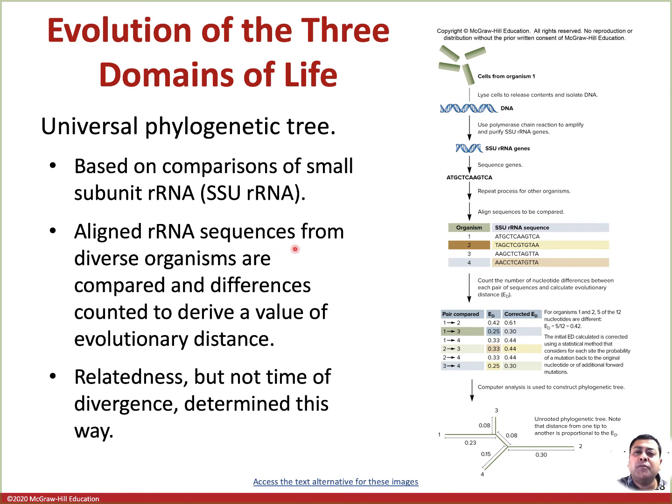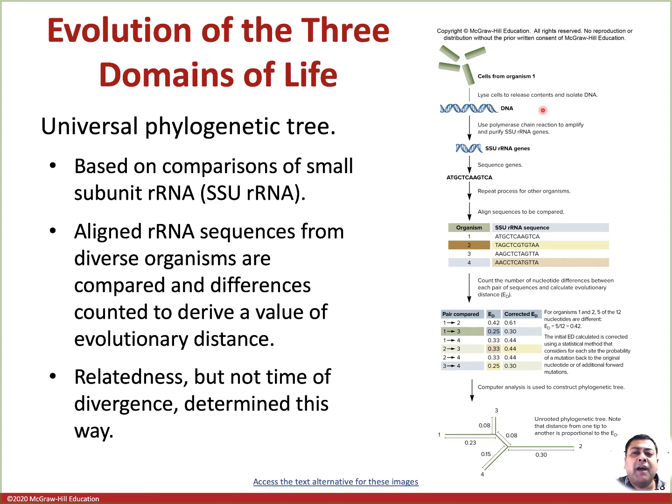So this is the process that we are going to discuss: we align the ribosomal RNA sequences from diverse organisms and compare the differences counted to derive a value of evolutionary distance and relatedness, but not time of divergence. So let's take a look at what we are actually looking at. We take the cells from organism 1, lyse the cell, release the content, isolate the DNA, and use a PCR reaction, or polymerase chain reaction, to amplify the SSU ribosomal RNA genes, or the small subunit ribosomal RNA genes.